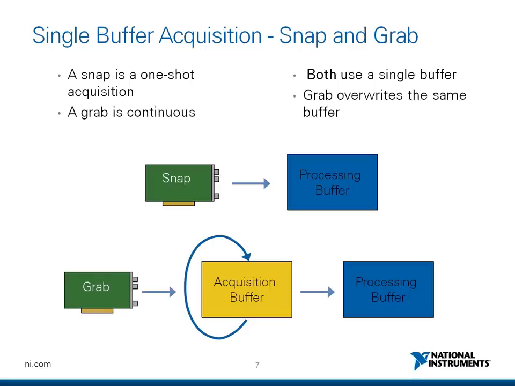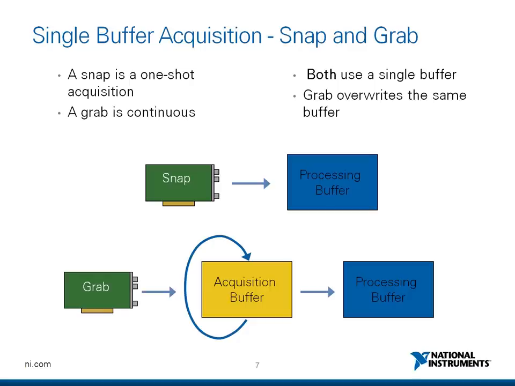When you are grabbing the image continuously, you have an intermediate acquisition buffer, as you can see in this slide. The frames are fed to the acquisition buffer, and then after you stop the acquisition, the last frame of the image is put into the processing buffer for further processing.